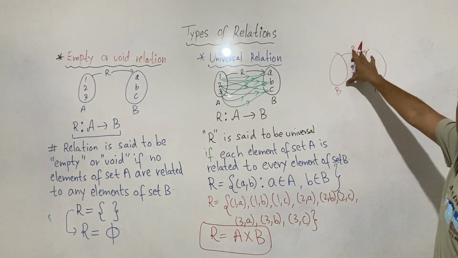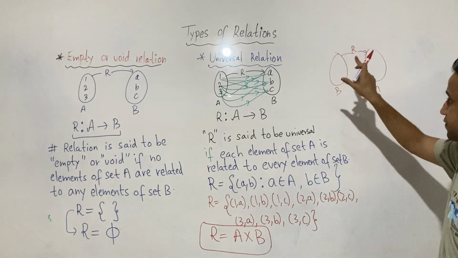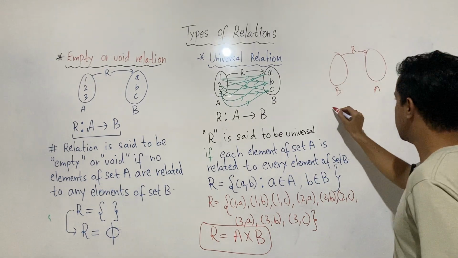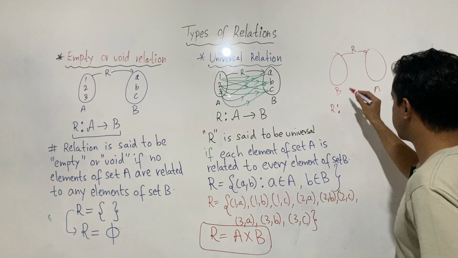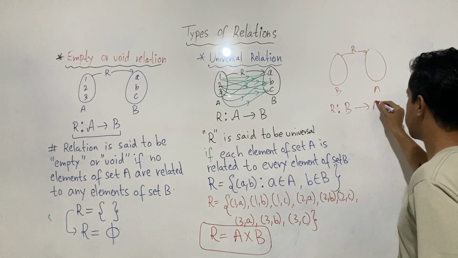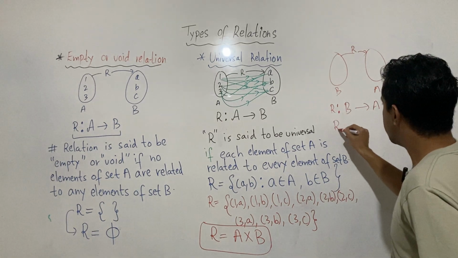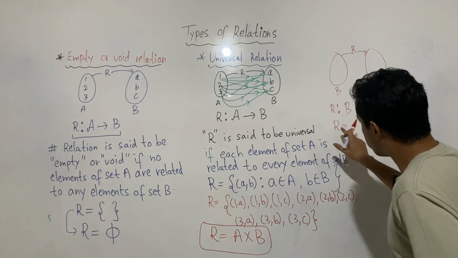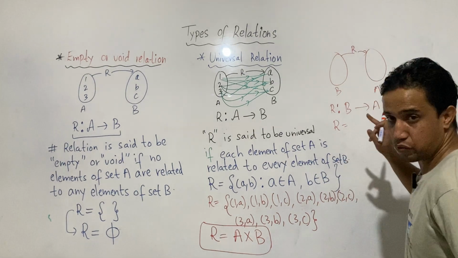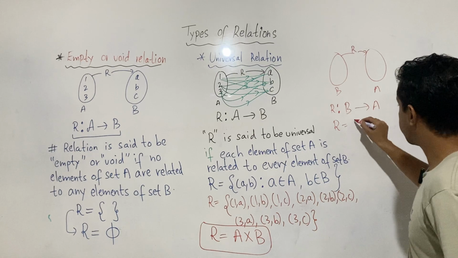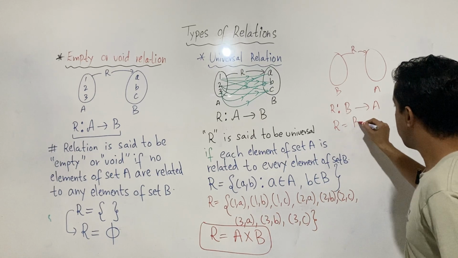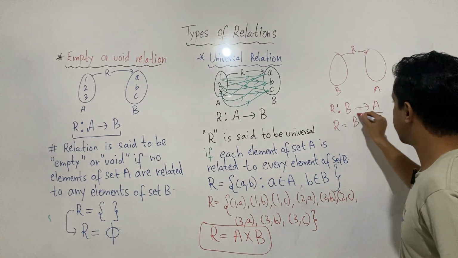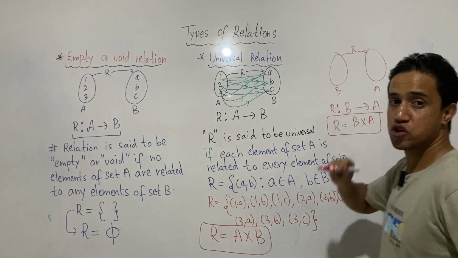So if R is the universal relation defined from set B to set A, then this universal relation R is going to be the same as B Cartesian product A. I hope you understand it.